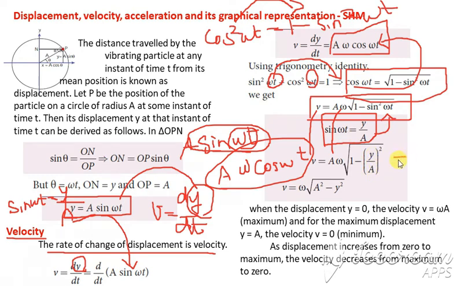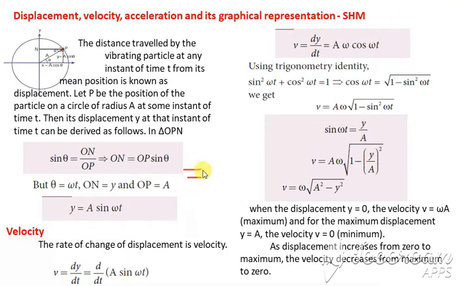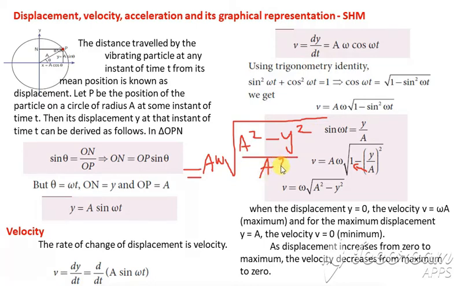Now take the LCM in this, so we get a omega into root of a square minus y square divided by a square. Now separating the numerator and denominator, we get a omega into root of a square minus y square, divided by root of a square.